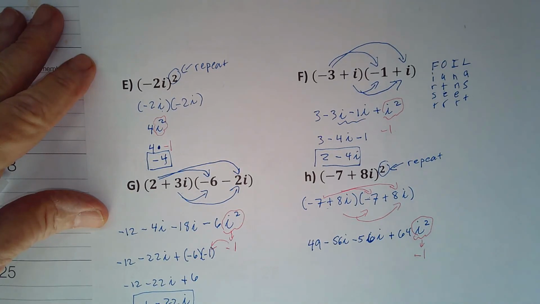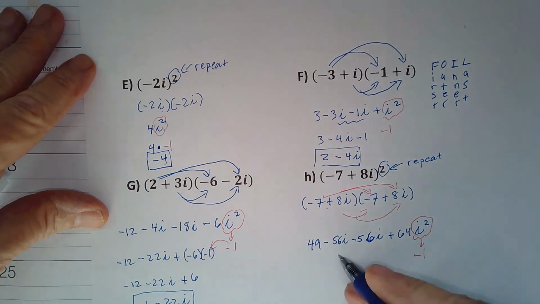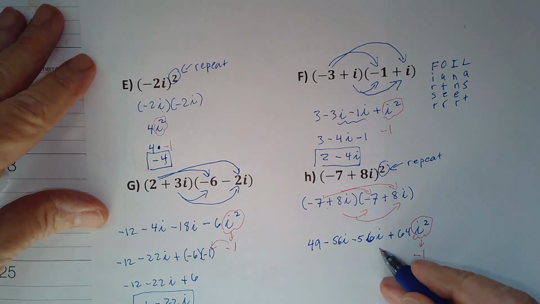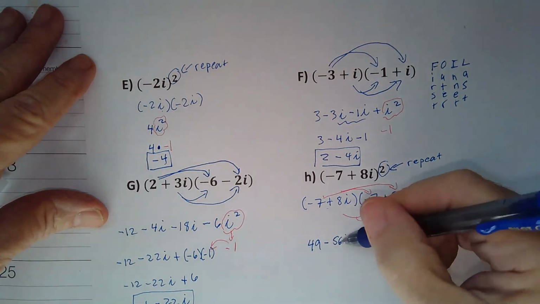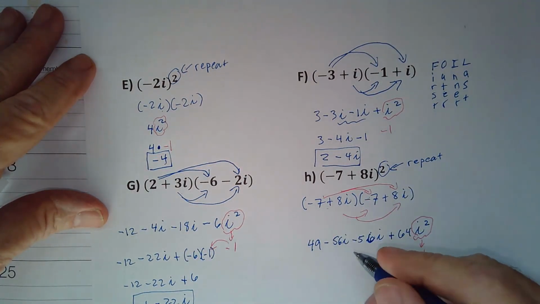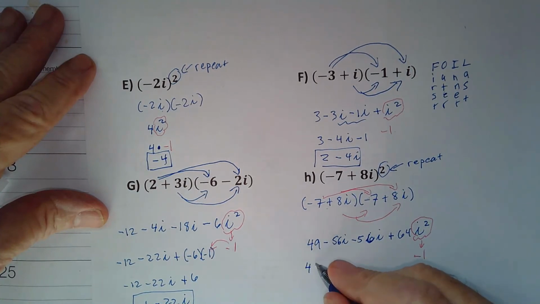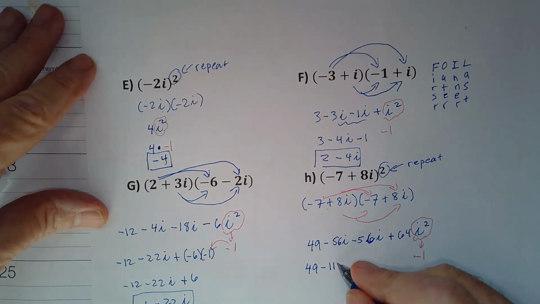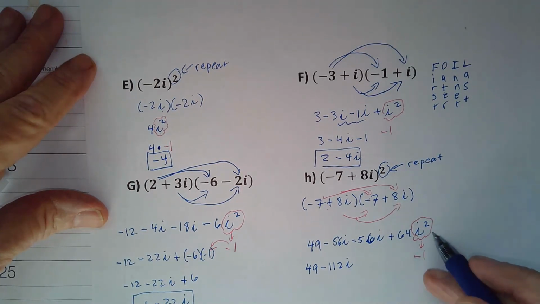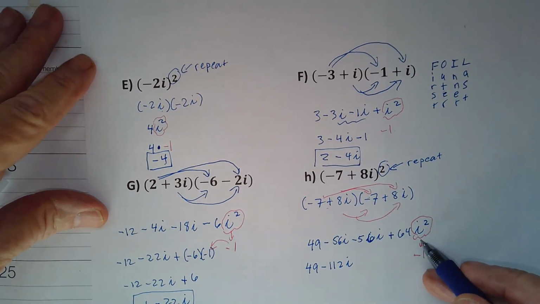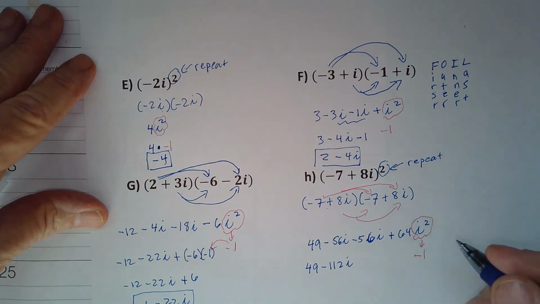Okay. All right. So let's combine the negative 56 and the negative 56. 50 and 50 is 100, 6 and 6 is 12, so negative 112. So I have 49 minus 112i. Sometimes you can do it in your head, sometimes not. Now, plus 64i squared.